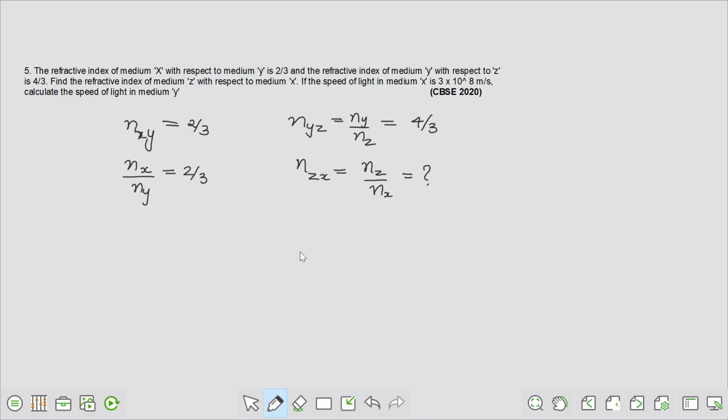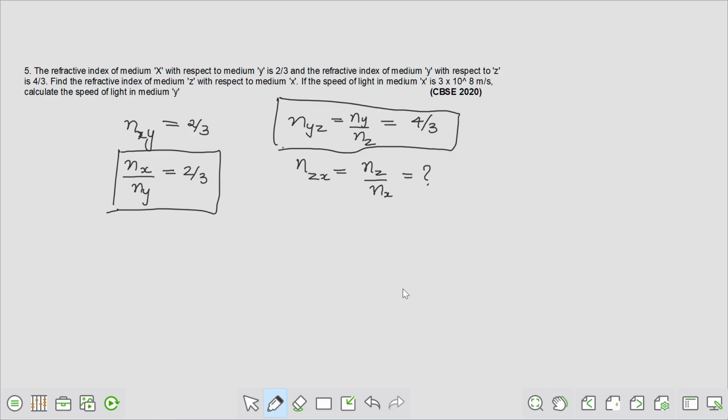Let's see. Now we want NZ by NX. So we have NX by NY and we have NY by NZ. Using these two pieces of information, we are going to find NZ by NX. I think we can just try by multiplying.